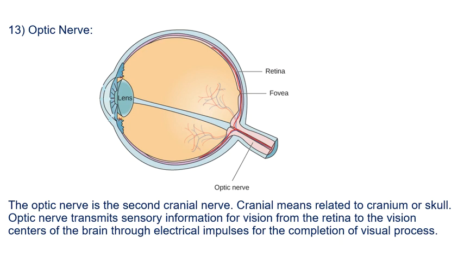Whatever information or signals are generated by the eye are transmitted in the form of electrical impulses through these cells to the brain. That is why we are using the term electrical impulse here. So the optic nerve transmits sensory information for vision from the retina to the vision center of the brain through electrical impulses for the completion of the visual process. Clear?